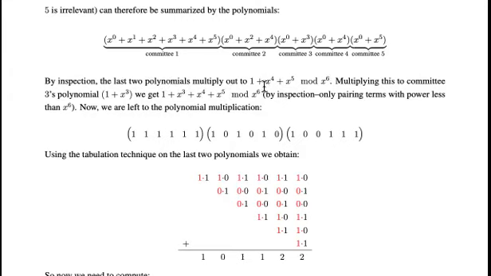That's like multiplying 1 to all that and multiplying x cubed to all that. If you multiply 1 to all that, it's just that. X cubed times all that shifts it up. So x cubed, x to the 7th. We could just ignore all of that, right? Basically, it's just itself added with an x cubed in it. So that's nice. So there'd be a 1, 0, 0, 1, 1, 1.